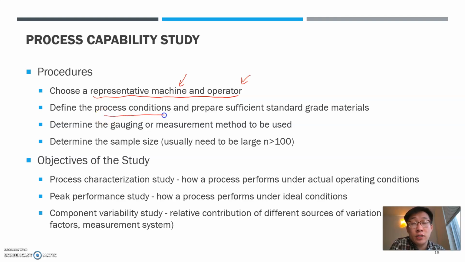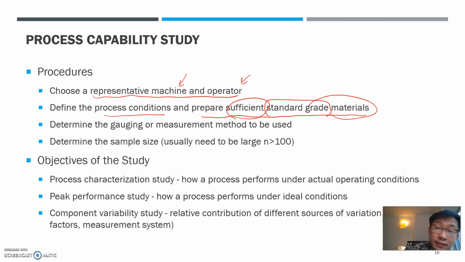Define the process conditions and prepare sufficient standard grade materials. You also want to have them sufficient so that your study won't be interrupted in the middle because you're running out of supplies. Then determine the gauging and measurement method to be used, and determine the sample size.